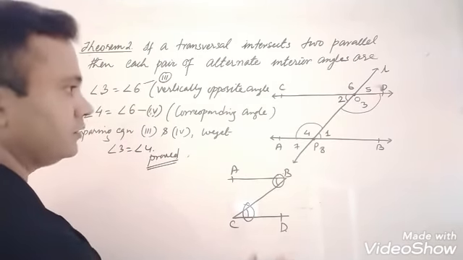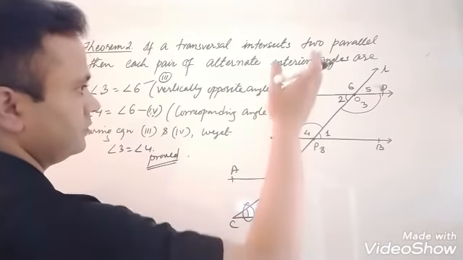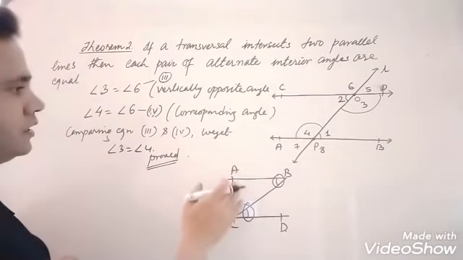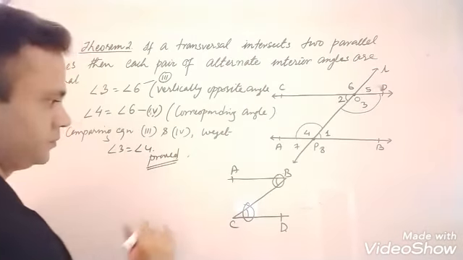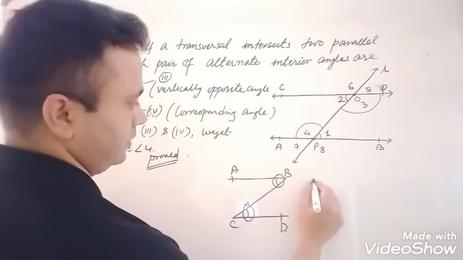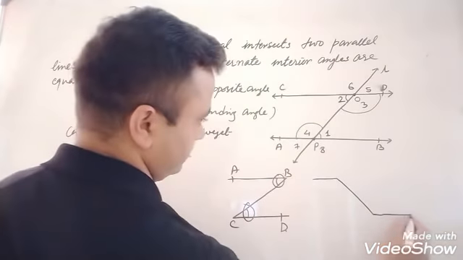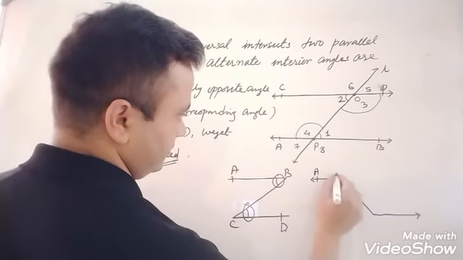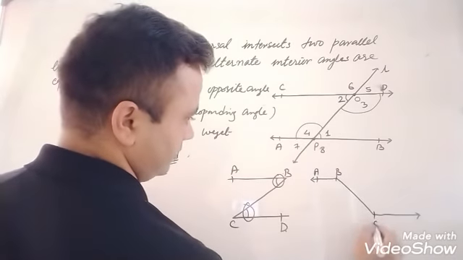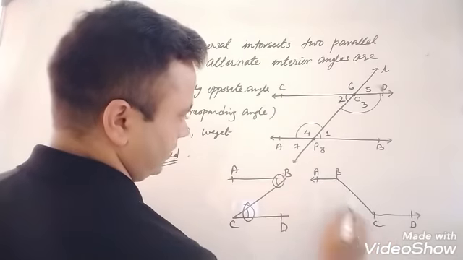In the case of parallel lines, there is an alternate angle when a transversal line intersects the two parallel lines. In the form of a Z, there are alternate angles. Suppose this is AB and this is CD. These two lines are parallel, so this angle equals this angle.